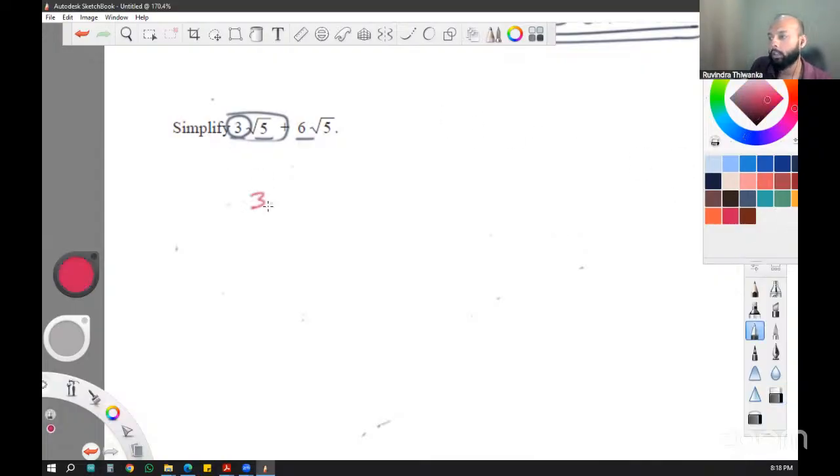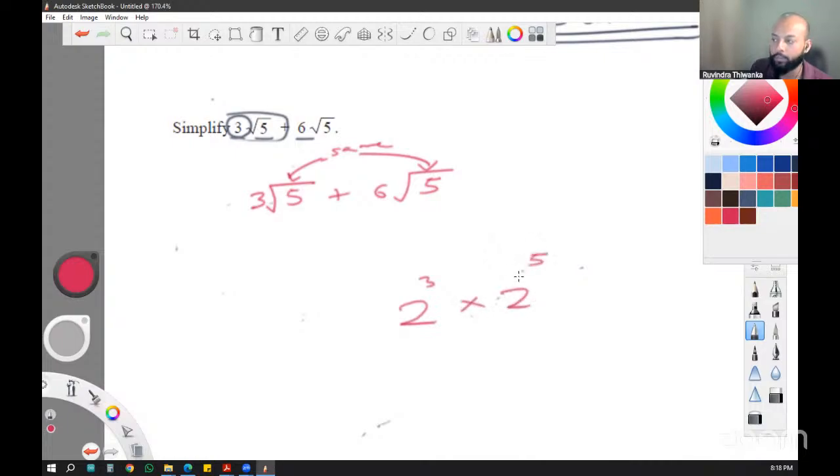It is 3 root 5 plus 6 root 5. Remember, we have the same root signs, the same surd here. Okay, same surd. It's like the same base. Can you remember in indices? We have 2 to the power 3 into 2 to the power 5.